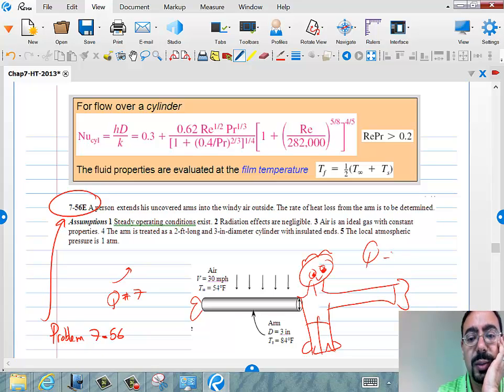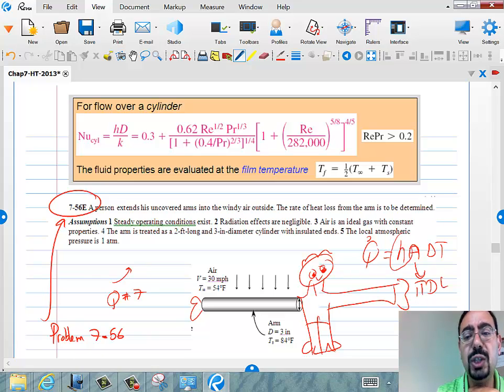Can anyone give me the Q? How much joule per second is leaving his arm or getting to his arm, depending on whether it's hotter or colder than his temperature? What's the equation? HA delta T. And the A is the area of the cylinder. So what's the area of the cylinder? Pi D L, correct. And to get the H, what am I going to do?